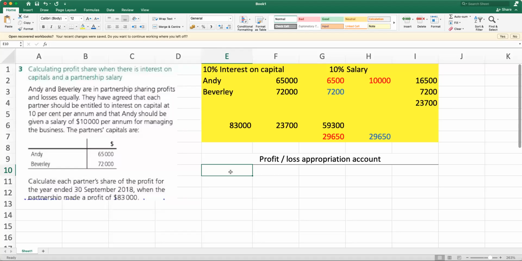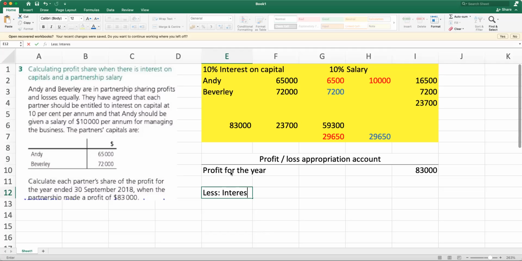We start with the profit for the year. So for the profit for the year, we have 83,000. We need to redistribute. We need to take this amount out first, out of 83,000. We're going to take a portion of it and give it to our partners. So here we need to less, because this amount is taken out of the profit for the year, interest on capital.